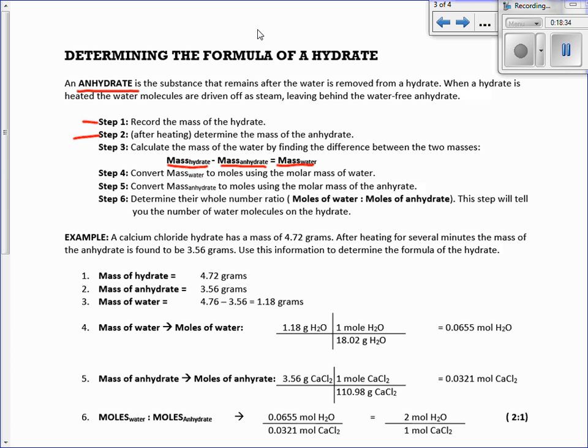Or, if they give you the mass of the water instead of the anhydrate, you can take the mass of the hydrate and subtract the mass of the water, and that will give you the mass of the anhydrate. So either way it works, because they should add up together to give you the total mass.